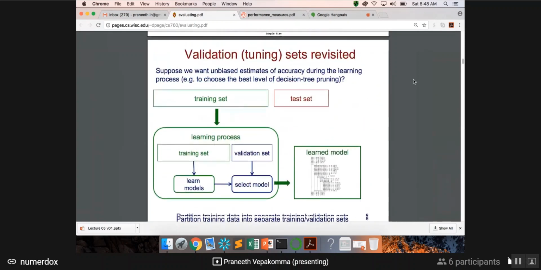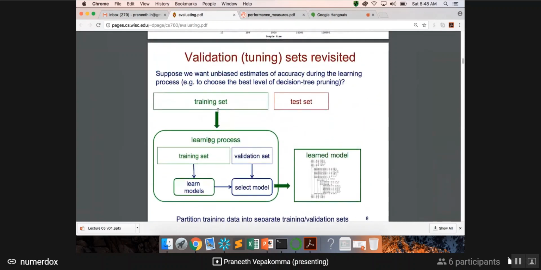So this is the more zoomed-in view. Training set, same thing, I'm zooming in on the learning process. So you take your training set, but again, you divide it into multiple validation sets, based on your 5-fold cross-validation or so. And then you learn models. You learn one model for each choice of parameter. So for say SVM, for cost equal to 1, gamma equal to 1, for cost equal to 1, gamma equal to 5, and so on and so forth, all choices.